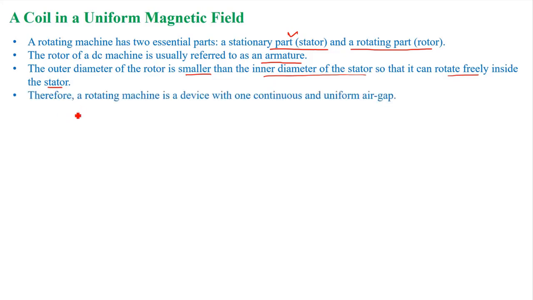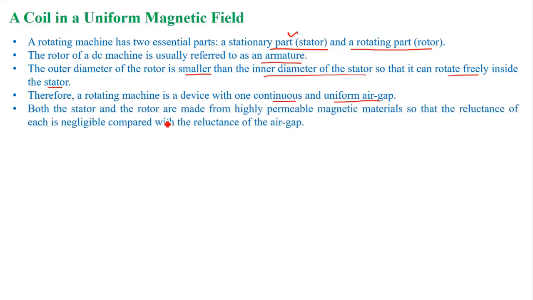Therefore a rotating machine is a device with one continuous and uniform air gap. That means one very small air gap is there, and it is continuous and uniform. You can see in your machine lab, when you come to the institute, how the machine structure is, and the air gap is kept very minimal.